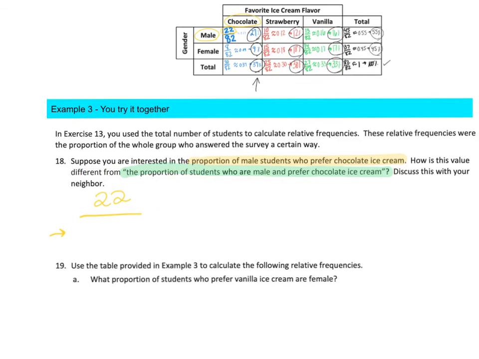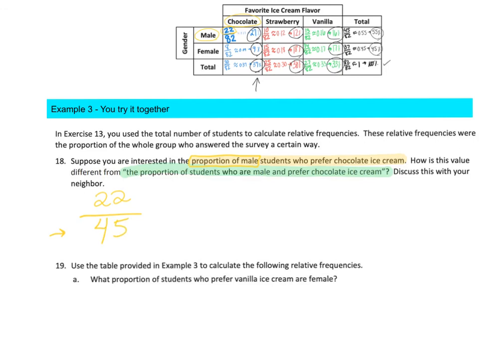Should it be 82 for all the students surveyed, or should it be 45 for just all of the male students surveyed? Here is your key right here. It says the proportion of male students. Okay, so we're just doing the proportion of male students. So there were a total of 45 male students.